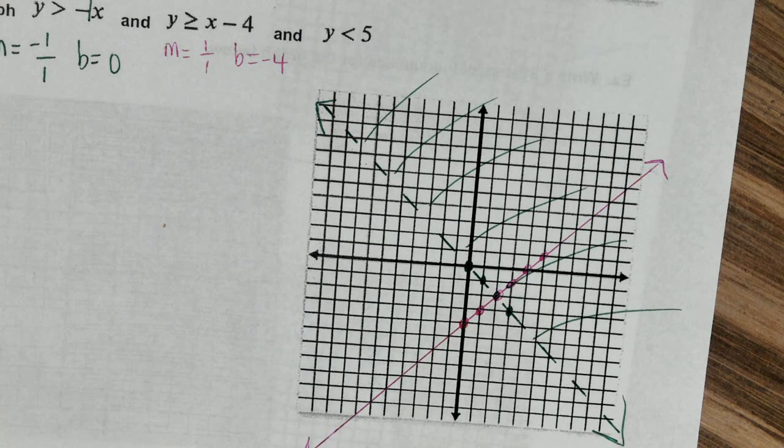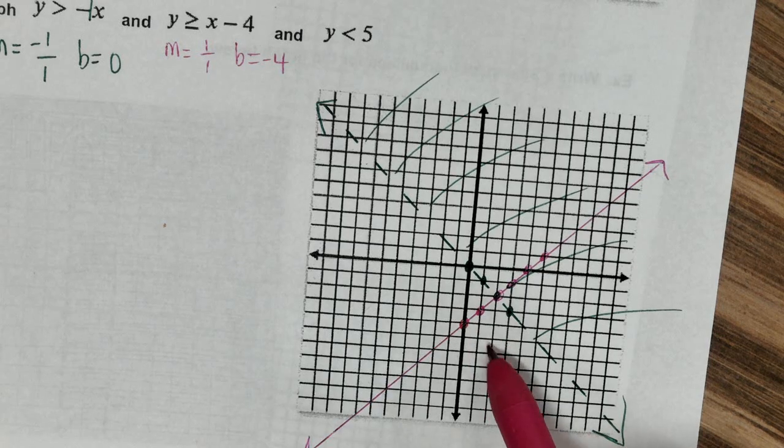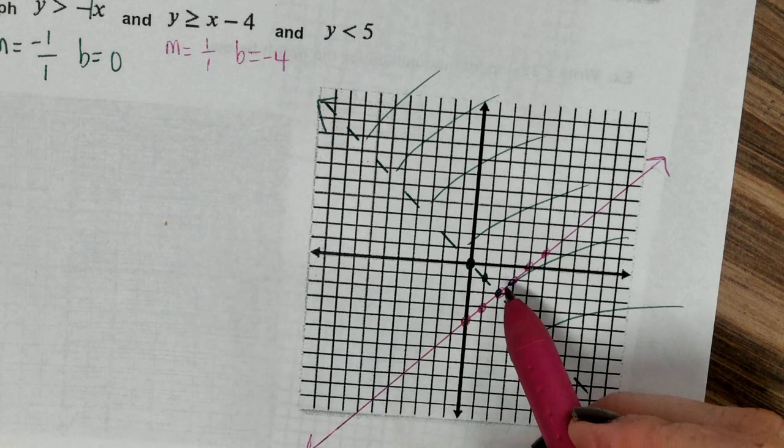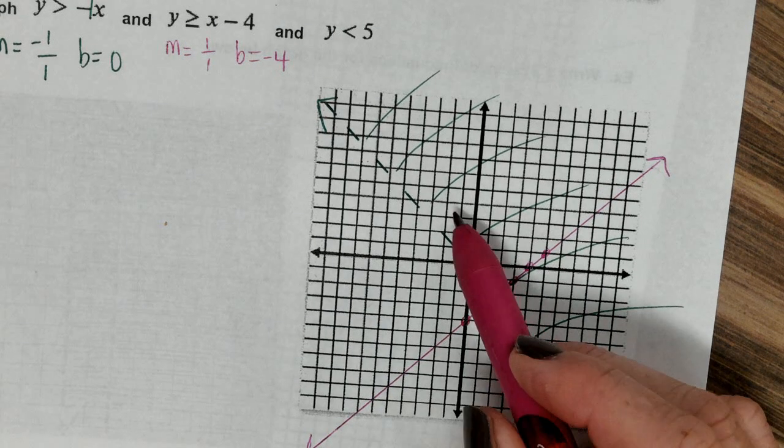And which way would I shade on this one? Up. So look, if you're confused, always start at the line and say, am I going up if I go this way? No. Start at the line, am I going up if I go this way?